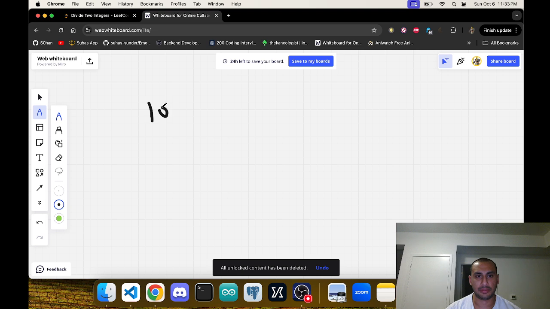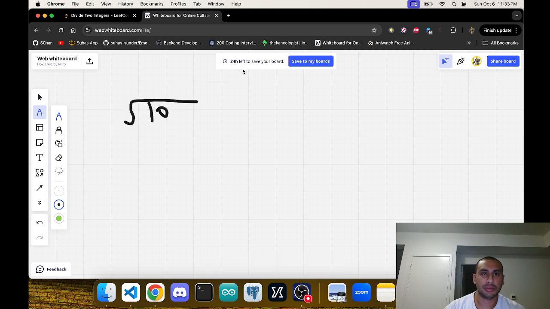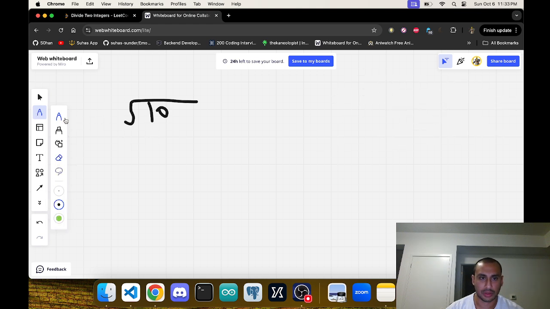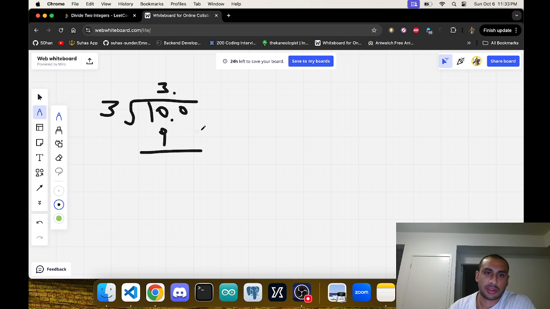It's like this, so 10 divided by 3, and because this is the division operator, this is the operator that we can't use. So we have to figure out how many times we can fit 3 into this, so that's 3. If we go 10.0, put the decimal up top here, this will be 9. 9 minus 10 is 1, and then 10 again.